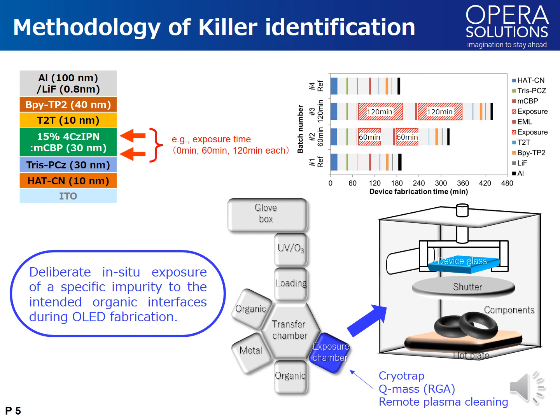The deposition of HATCN and tris-PCz is done. Then the OLED is immediately transferred into the exposure chamber and the organic interface is exposed to the suspicious impurity source. After the exposure for a specific time, the OLED is returned back to the organic chamber to complete the emission layer.